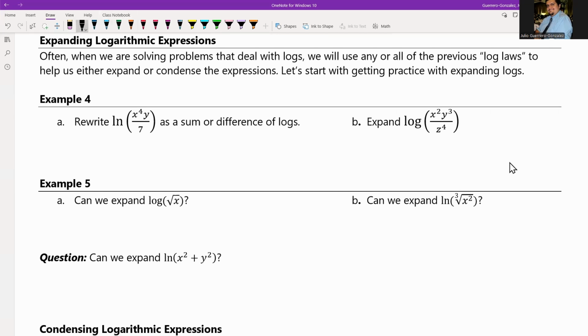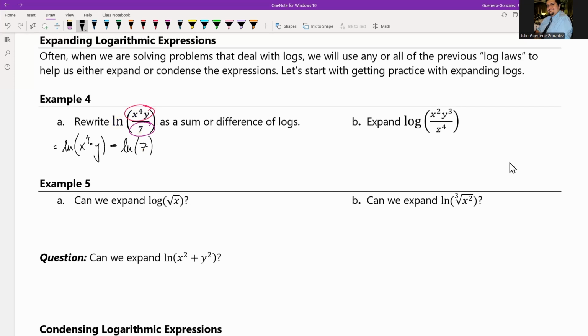Okay, so suppose, for example, you had this, and I asked to write it as the sum or difference. I can break it up so hopefully you guys see that there's a top part, and then there's a bottom part. So I can go ahead and do, this is equal to ln of x to the 4th times y, minus ln of 7.